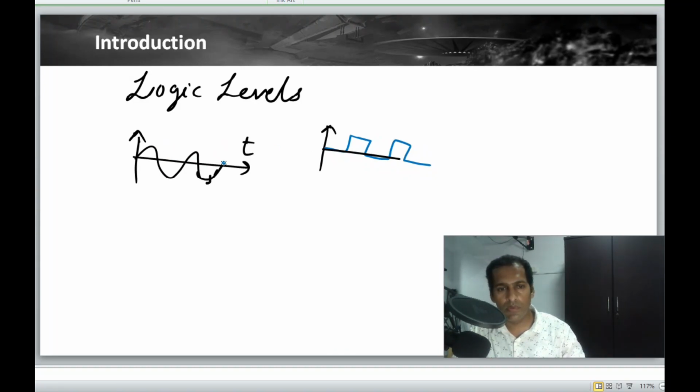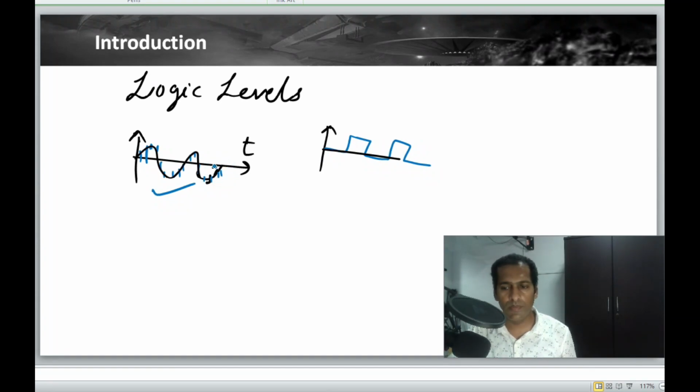If we want to store this analog signal, say at t equal to 1 second, for example, that value, this point, we have to store. At t equal to 2, this point we have to store. At t equal to 3, this point. Then next point, then next point. Like that, we have to keep storing all the values to retrieve them again.